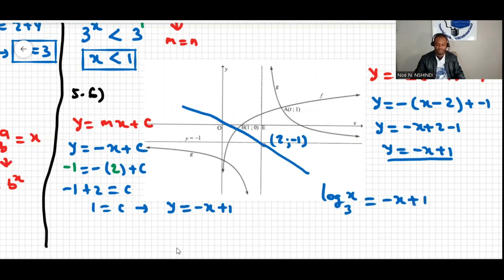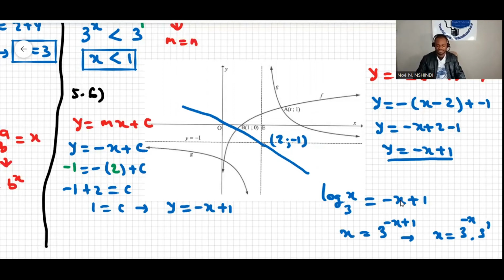In other words, it means x equals 3 to the power of this, so x equals 3 to the power of negative x plus 1. Because this can be split as 3 to the power of negative x times 3 to the power of 1, law of exponents.